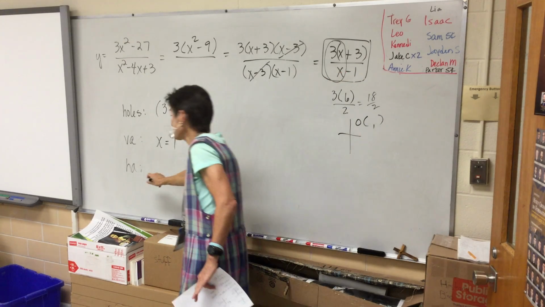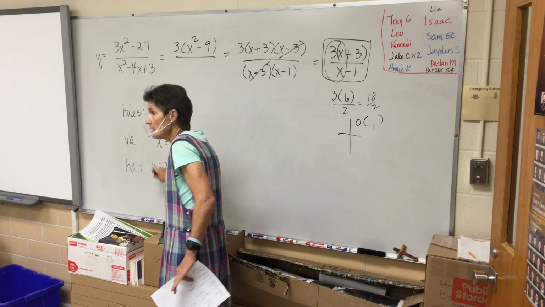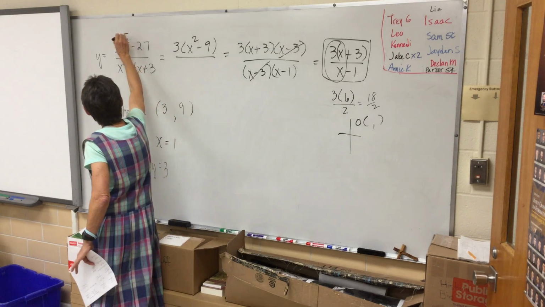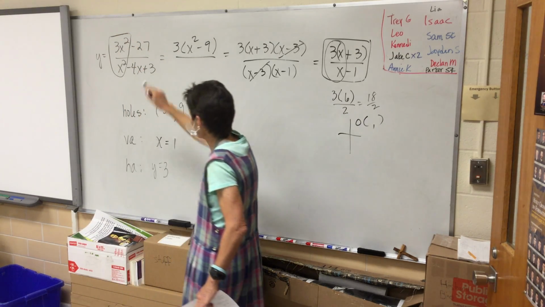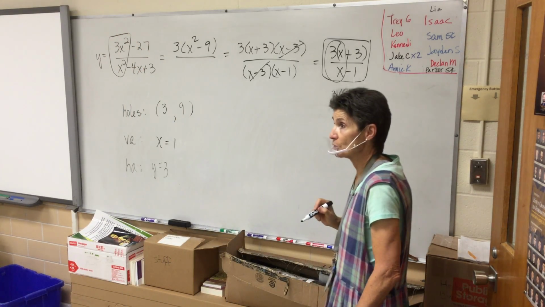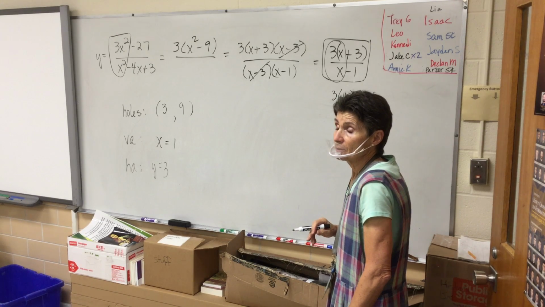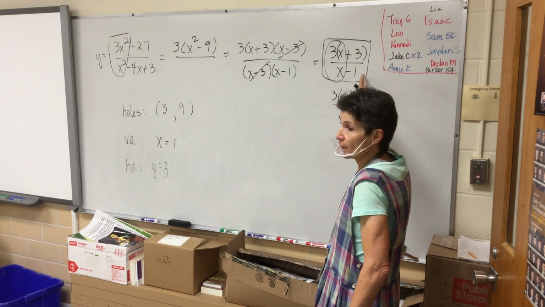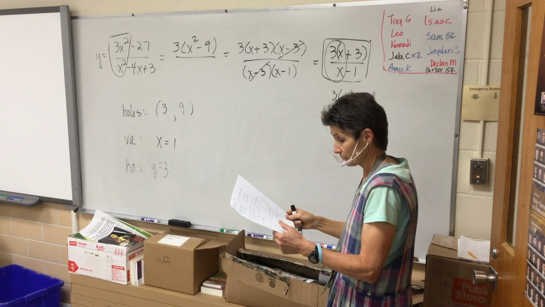So our horizontal asymptote is y equals 3. Some people like to box it in the original problem, and that's okay. Would I still get 3 if I did it in the original? Doesn't matter. With vertical and holes, you have to come all the way to here, but horizontal you can do from the beginning.